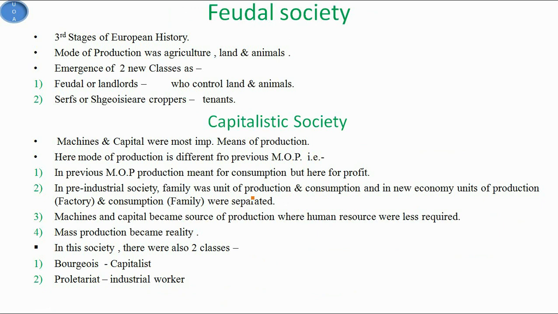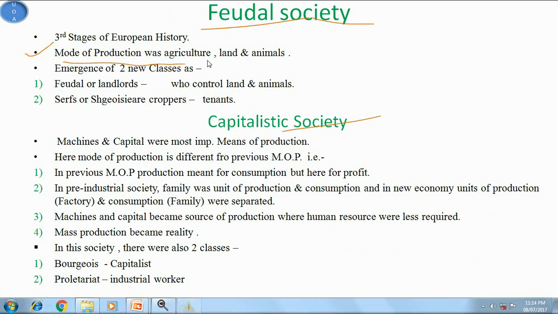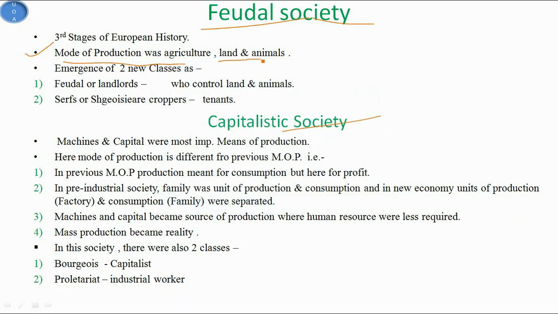So in the third stage of European history, we have the feudal society. In this third stage of understanding European history, the mode of production was agriculture, land and animals. This led to the emergence of two new classes: the feudals or landlords, who control land and animals, and the serfs, or sharecroppers.